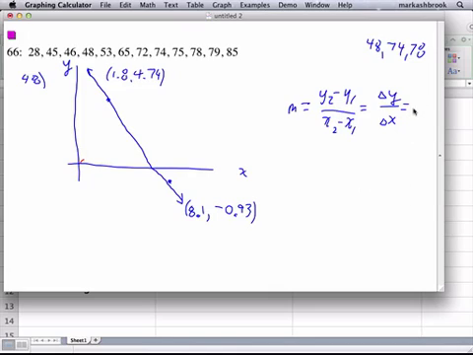Negative 0.9. Okay? And that's a ratio, or a quotient, negative 0.9.